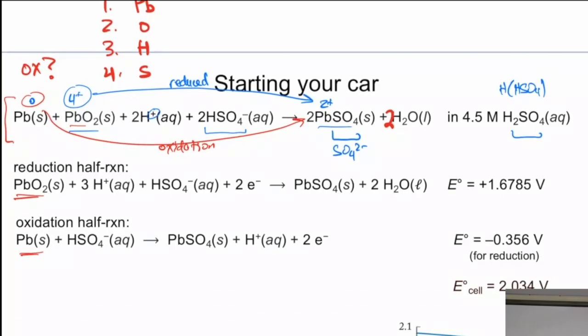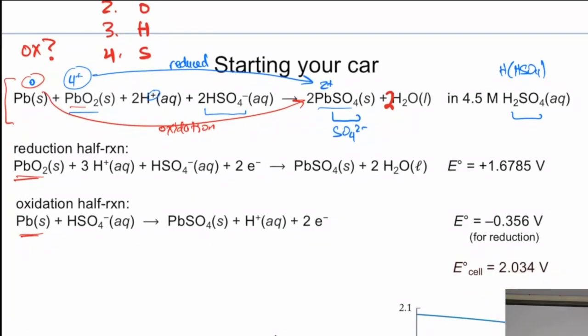So you can go ahead and calculate what the E0 of the cell is, right? Because here's the reduction potential for the reduction half reaction, and here's the reduction potential for the other reaction that will be reversed because it has a lower reduction potential. So that one's going to run in reverse.